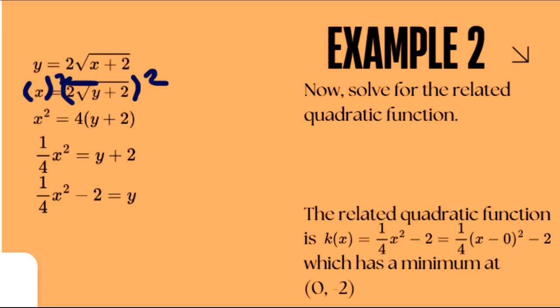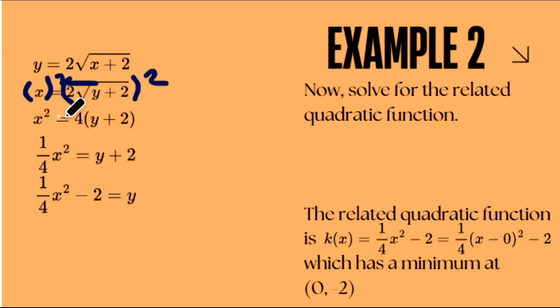Okay? So when you do that, you're going to end up with x squared right there. 2 squared is 4, and you're going to leave this because all we did was get rid of the square root. Okay, but keep this in parentheses. It makes everything easier later. We're never going to take away this y plus 2. Don't try to do anything with it.